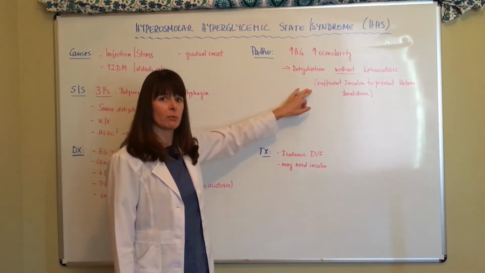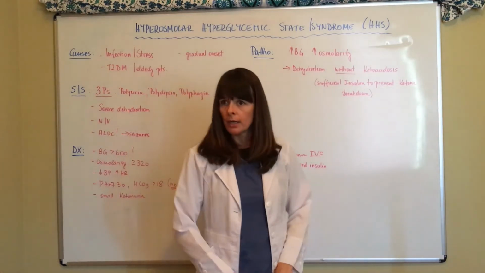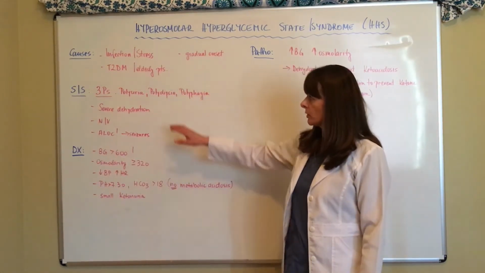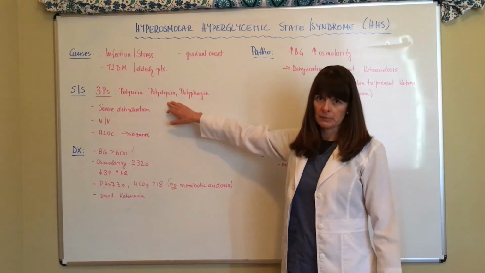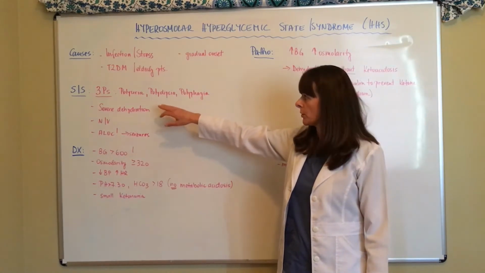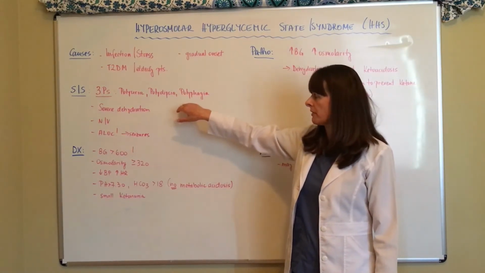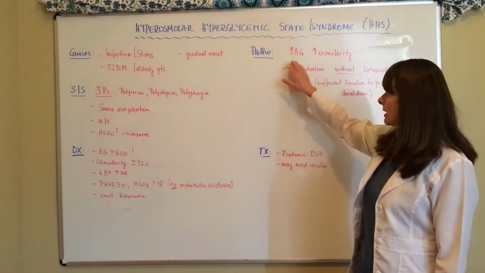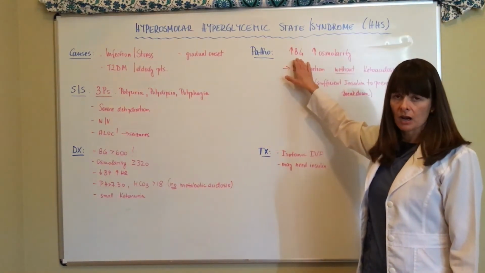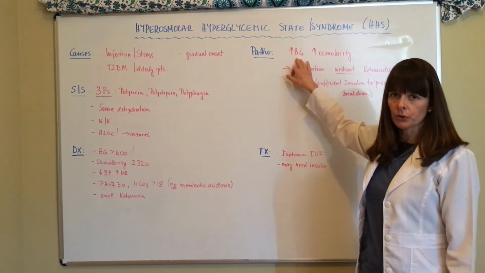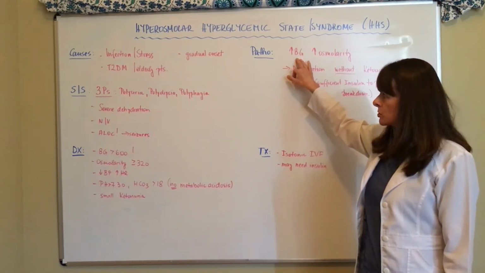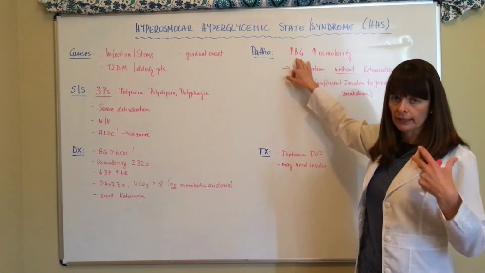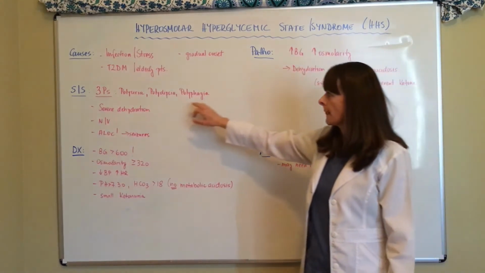Now, patients will present with the three Ps: polyuria, polydipsia, and polyphagia. Lots of urination because the patient has all these increased levels of blood glucose circulating in their bloodstream, so the kidneys will try and get rid of these molecules.